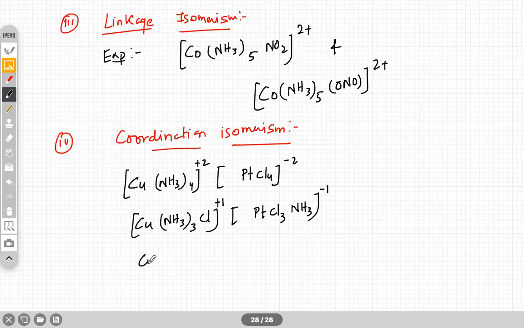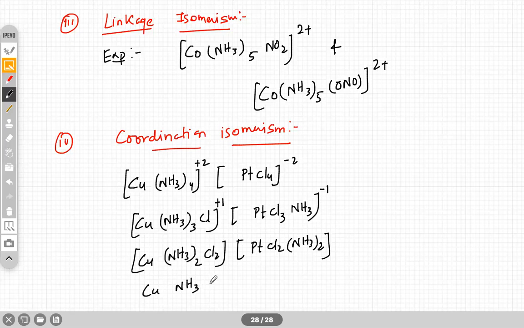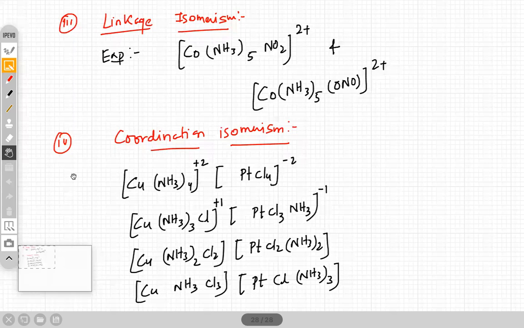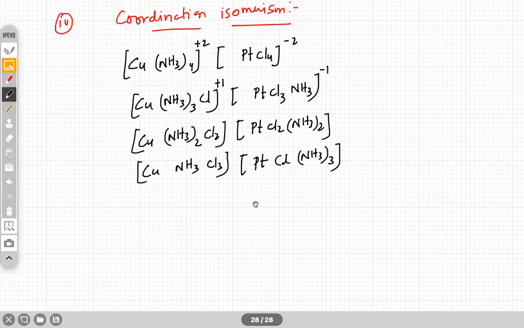Okay. Further, if you write down [Cu(NH3)2Cl2][PtCl2(NH3)2], then [Cu(NH3)Cl3][PtCl(NH3)3], then [CuCl4][Pt(NH3)4].